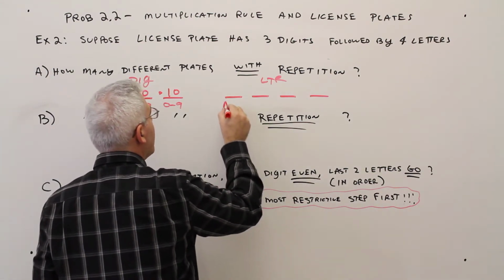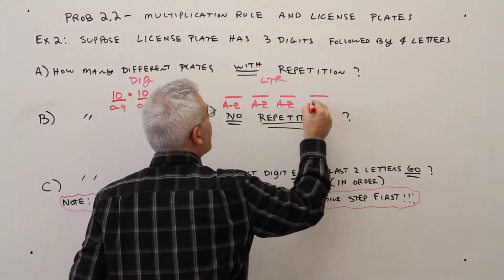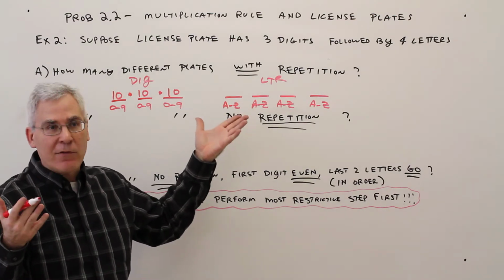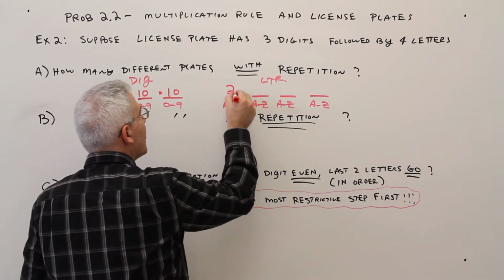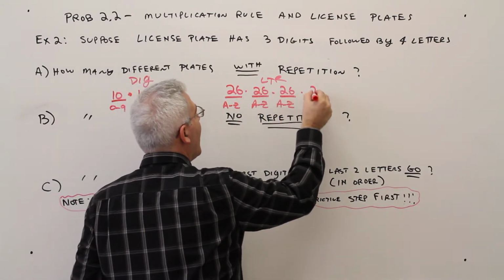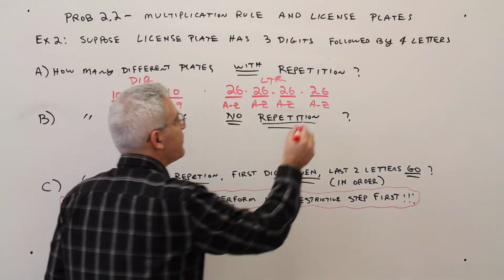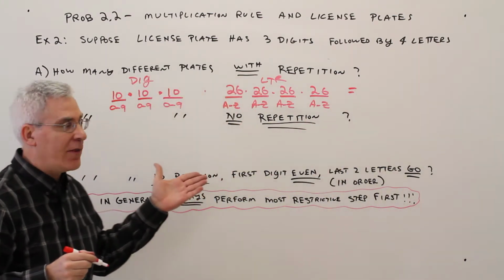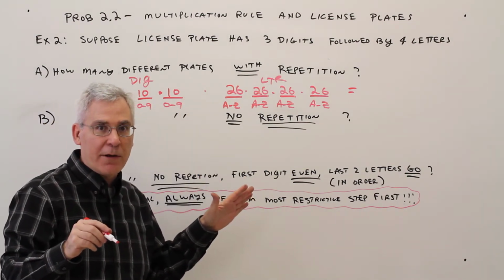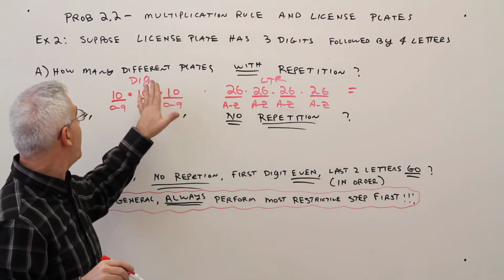So it could be A through Z, A through Z, A through Z, and A through Z. Again, I put my possibilities at the bottom, and there's 26 ways of doing this, 26 ways of doing this, 26 ways of doing that, and 26 ways of doing that. So I'd multiply it all together. I'll give the computation at the end, but I'm more concerned with the setup of the problem than just pressing buttons on a calculator.